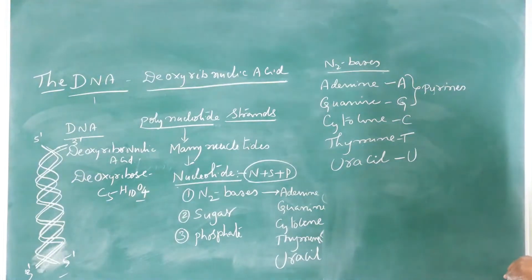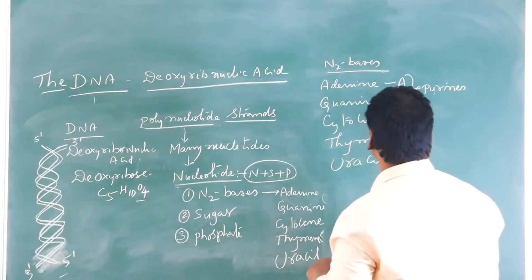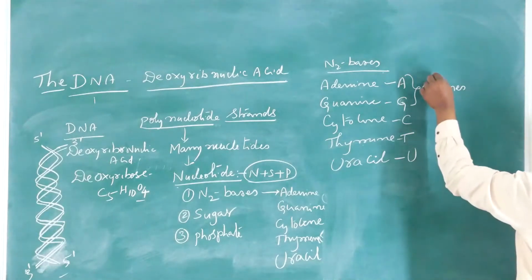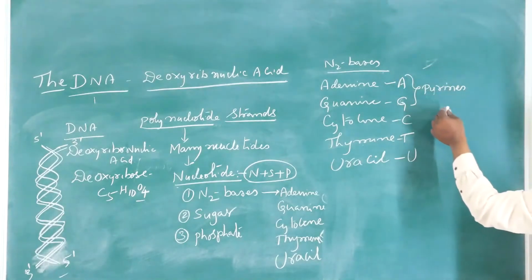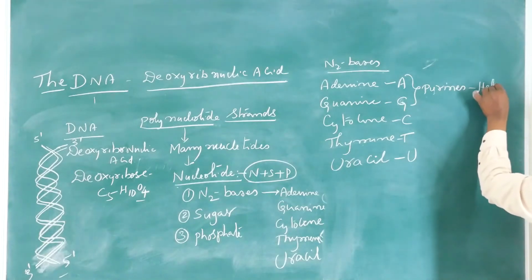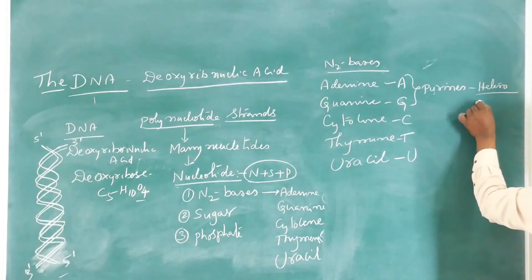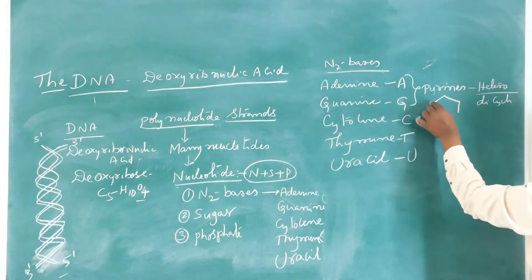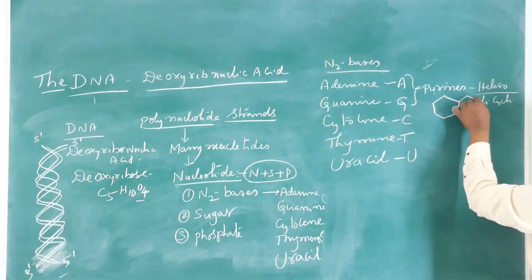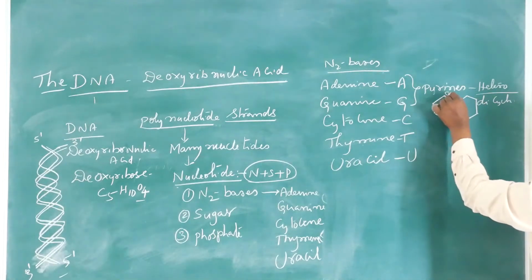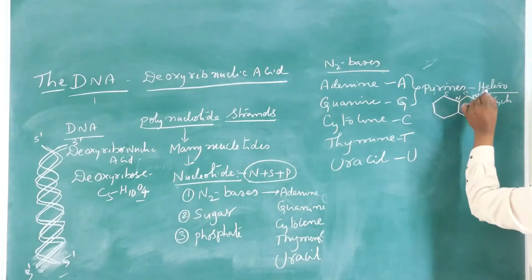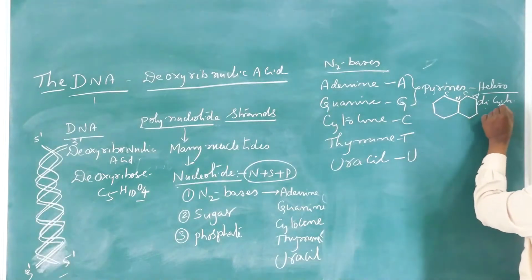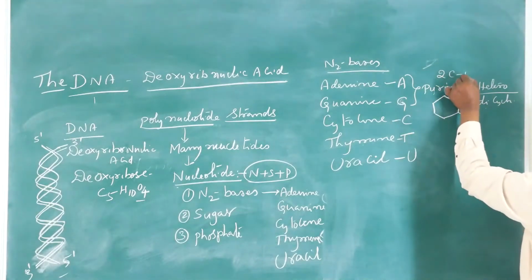Purines are heterocyclic and dicyclic compounds having two CN rings, with carbon and nitrogen alternately arranged like benzene rings.